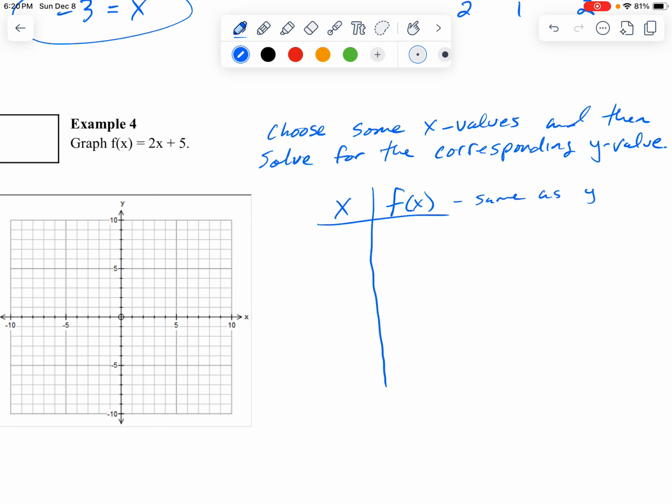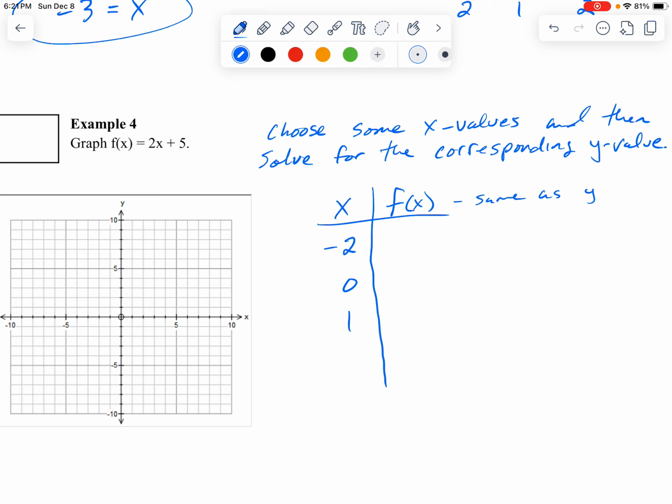Same as our y, and when we plot it on the graph, that is our y value. So for x, let's choose negative 2, 0, and positive 1. What we're going to do is plug those values into our equation and find the corresponding y value.